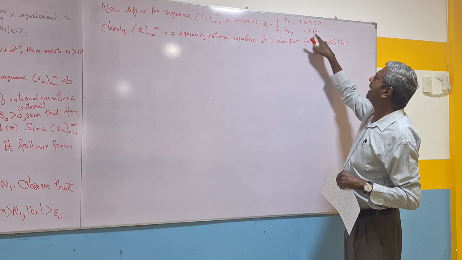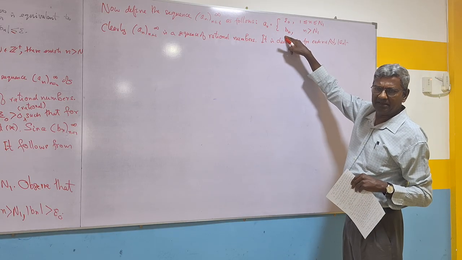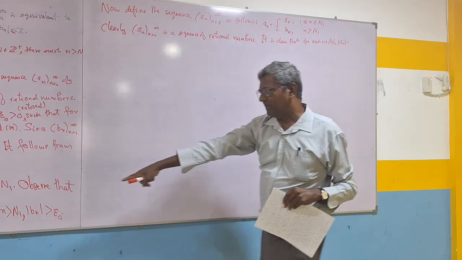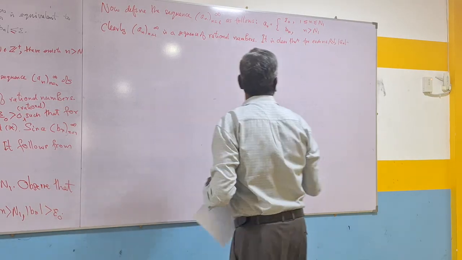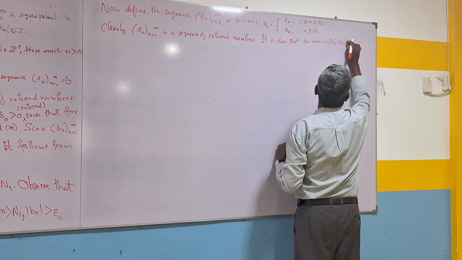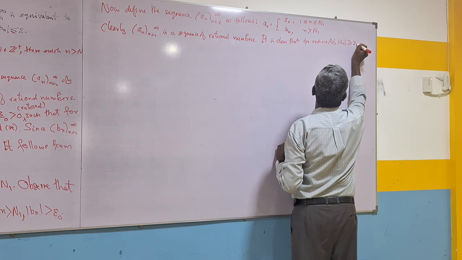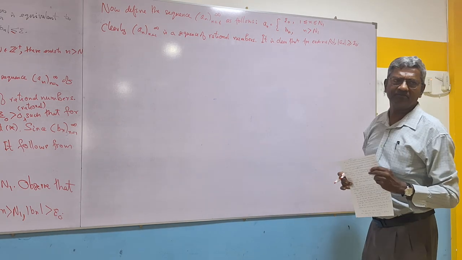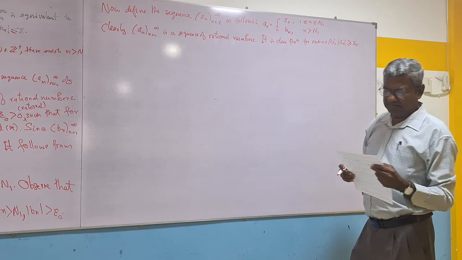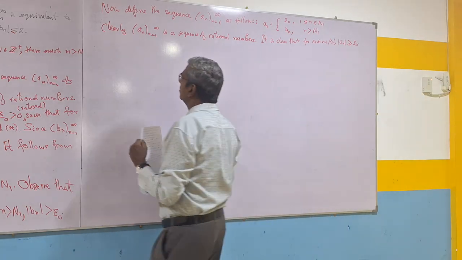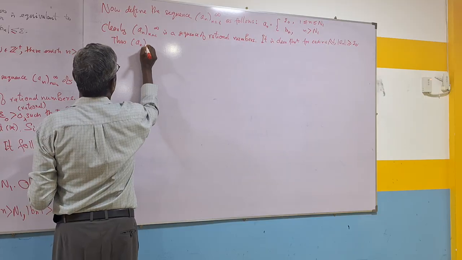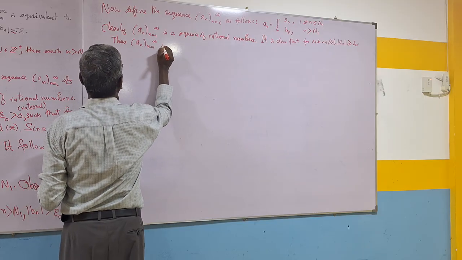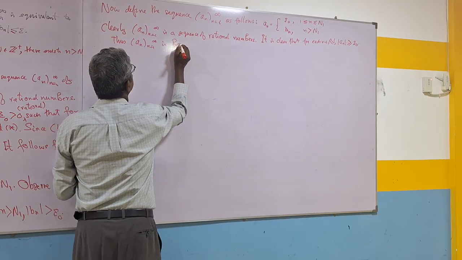Mod An after N1 is mod Bn. After N1, it is greater than epsilon 0. Therefore, I can say mod An is greater than or equal to epsilon 0. Right? Thus, An, n going 1 to infinity, is bounded away from 0.